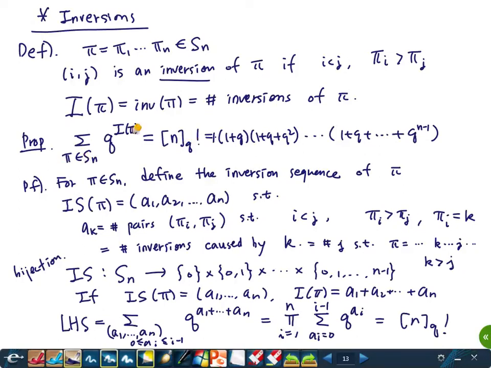Generating function, this statistic. Usually a statistic in combinatorics means a function from some combinatorial object to numbers. All right, okay.